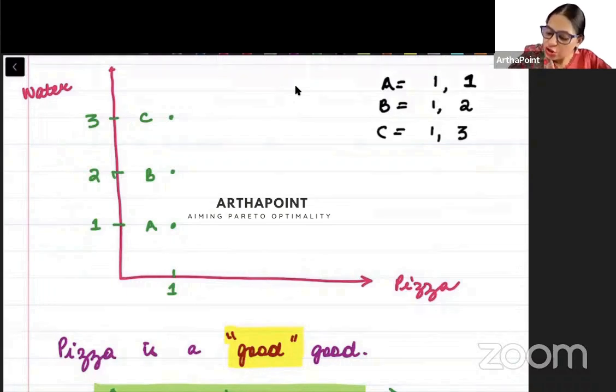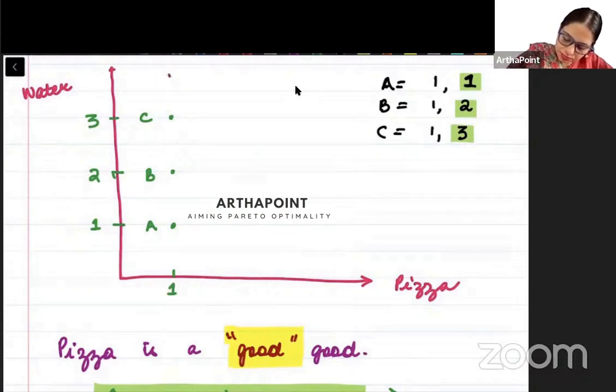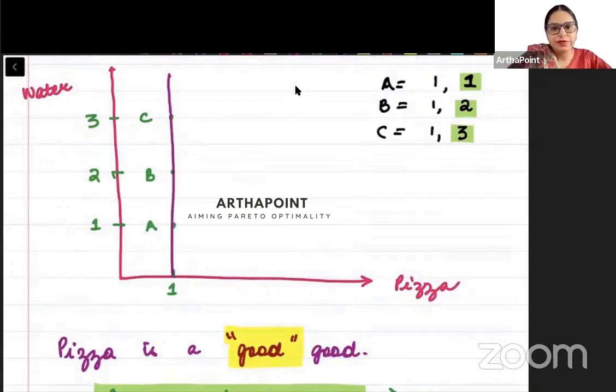But water is a neutral good. Water kitna bhi ho, I am not affected. It is a neutral good, right? Increasing water is not increasing my satisfaction, right? So what can I go ahead and say? That I can just pass an indifference curve and I can say this is how my indifference curve will look.